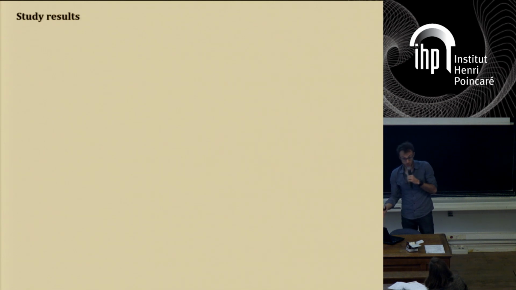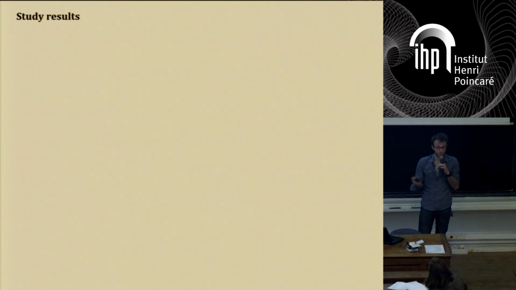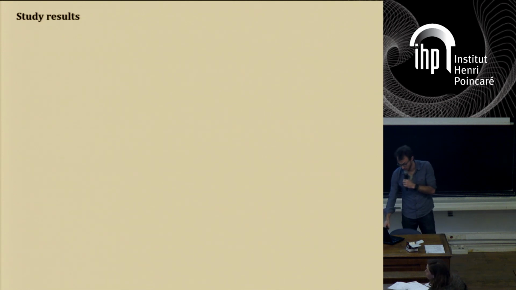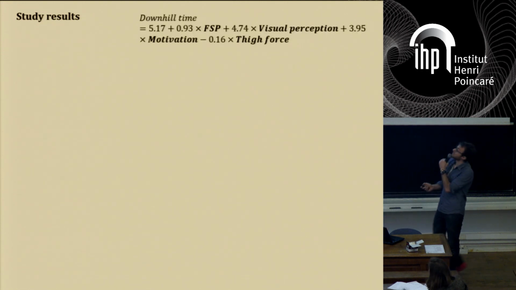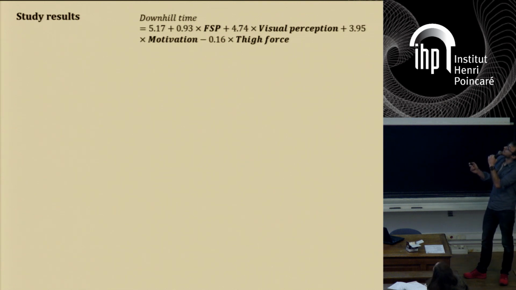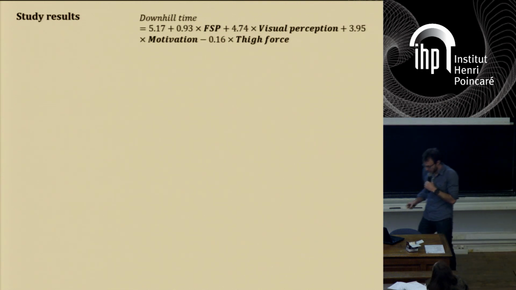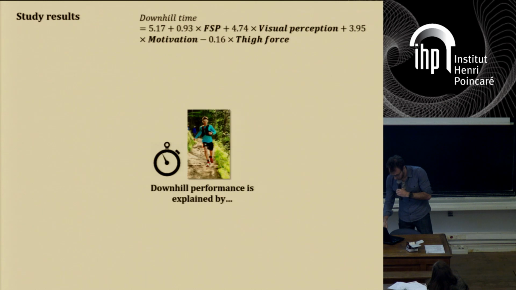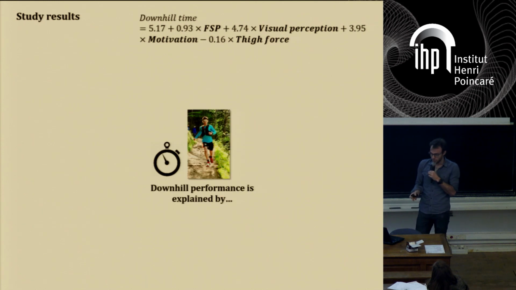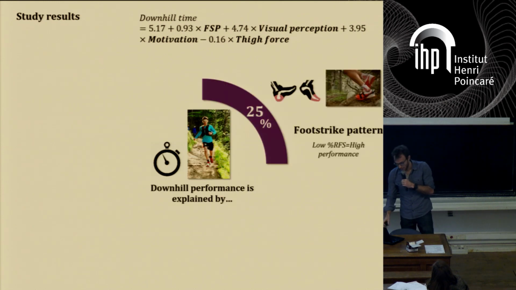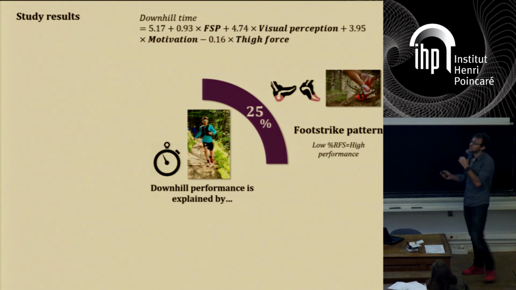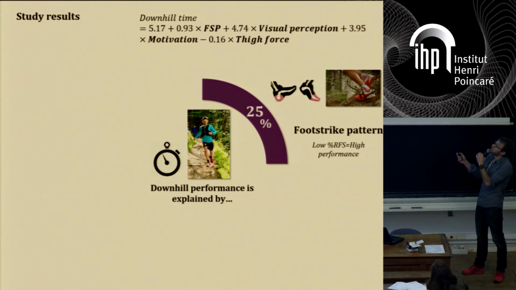Just to give you the study results, here's the equation that we can get, how the downhill performance is explained. I'm going to explain a little bit with some images, it's going to be easier. The downhill performance is explained by the foot strike pattern for 25% of the contribution.